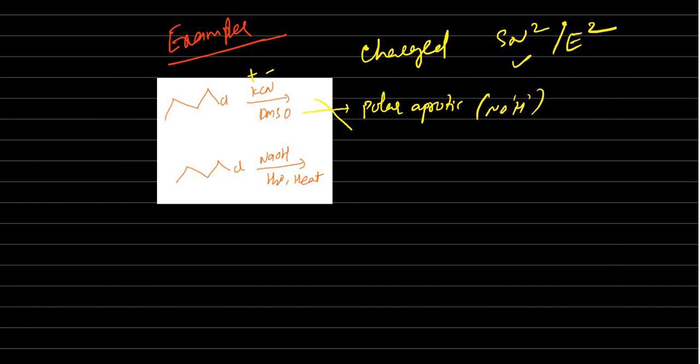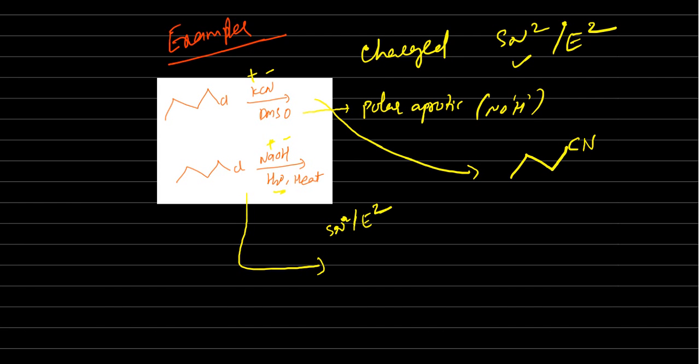Then what is the product here? Since KCN is there, obviously cyanide is forming. In the last classes we discussed the cyanide, KCN and AgCN. In the next example, plus and minus charged particles are there, so again SN2 or E2.